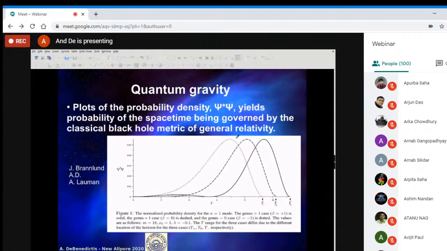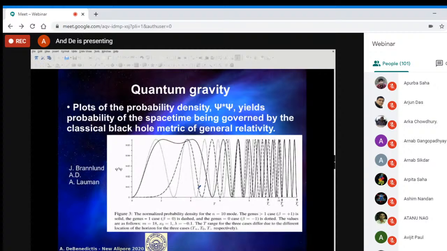When these graphs are high, for those values of time there is a high probability that the general relativity metric is a good description of the space-time. When the value is low, there is a low probability that the classical metric describes the space-time. So this is for n equal to 1. This would be a very, very small black hole.